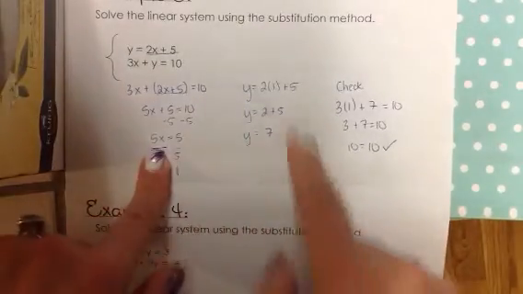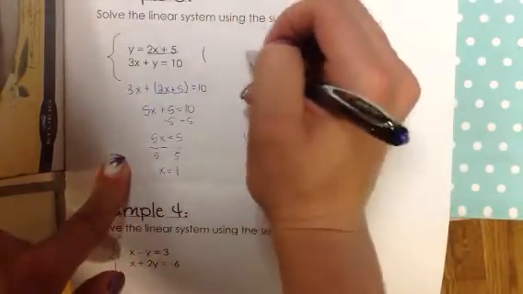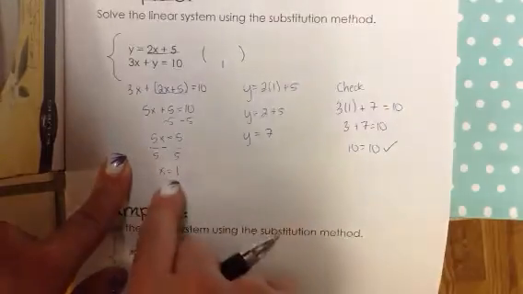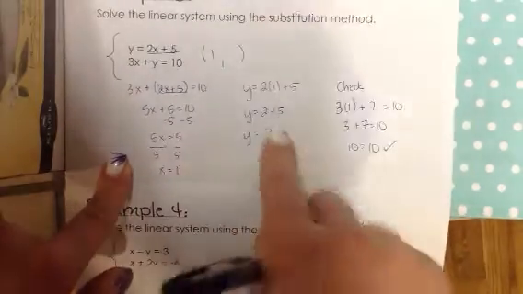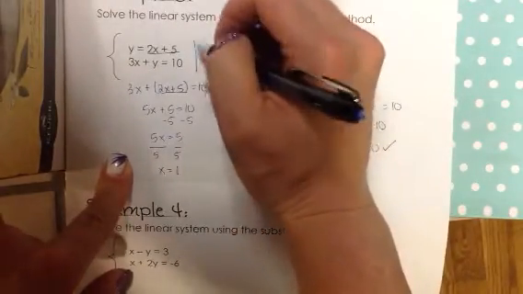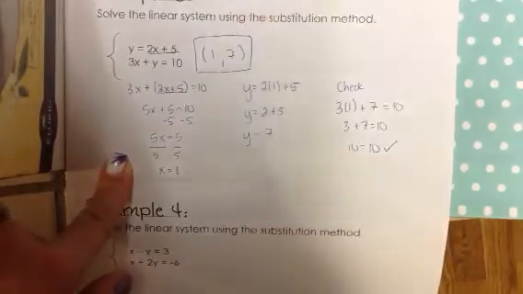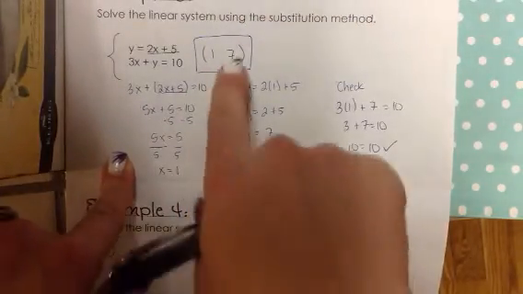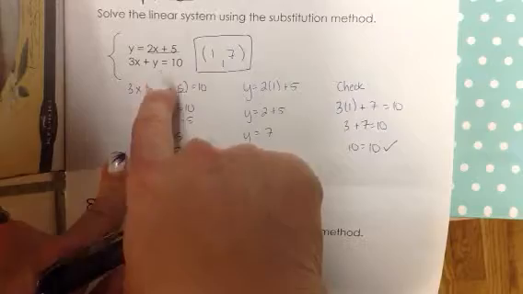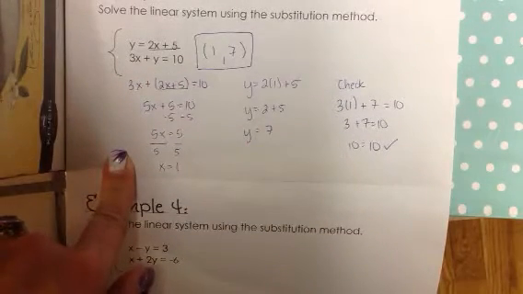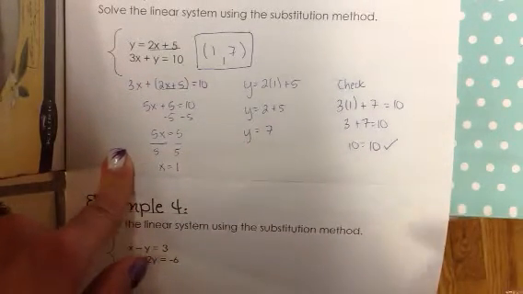So we got the right solution. So we say that the solution to this, we've put it in coordinate point form, the x is 1, the y is 7, and that's our solution. So if we were to graph these, this is the point where these two lines would intersect. Just solving for it a different way than graphing.